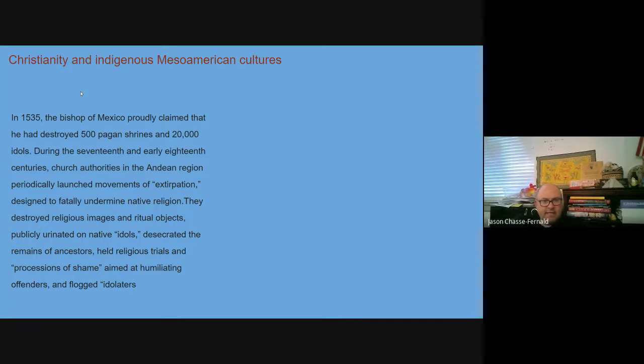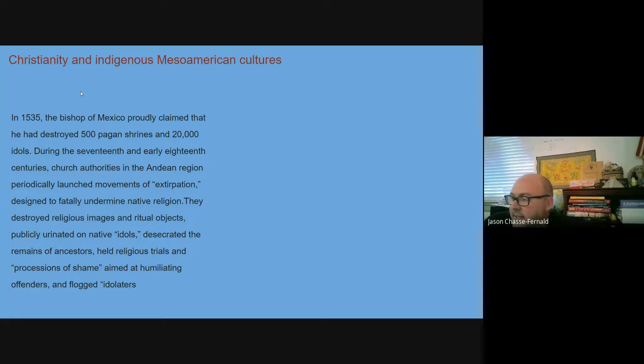Church authorities in the Andean region periodically launched movements of extirpation designed to fatally undermine native religions. They destroyed religious images and ritual objects, publicly urinated on native idols, desecrated the remains of ancestors, held religious trials, and processions of shame aimed at humiliating offenders and flogged idlers.